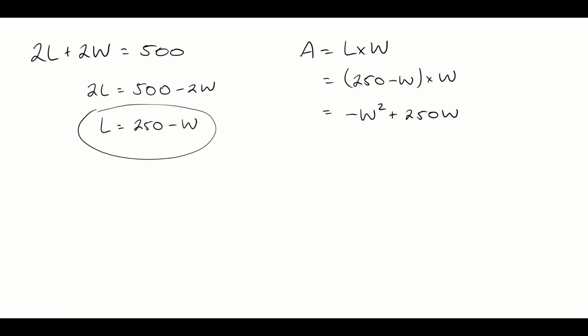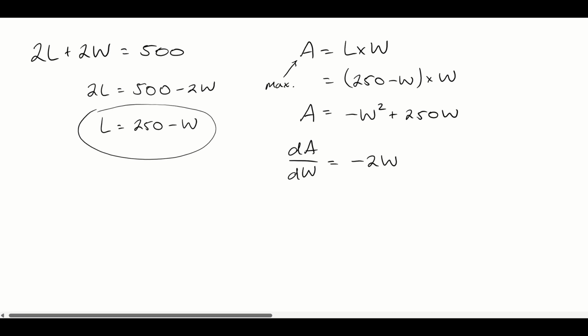Now, if I want to know when this area is at a maximum, I would want to differentiate it and solve when it's equal to 0. So we're looking for a critical point. We're looking for a maximum here. So this is what my area is equal to. Now, if I differentiate my area with respect to my width, I end up with negative 2W plus 250.